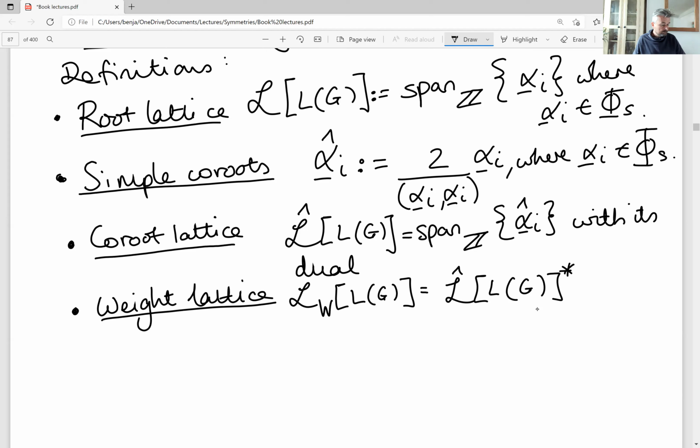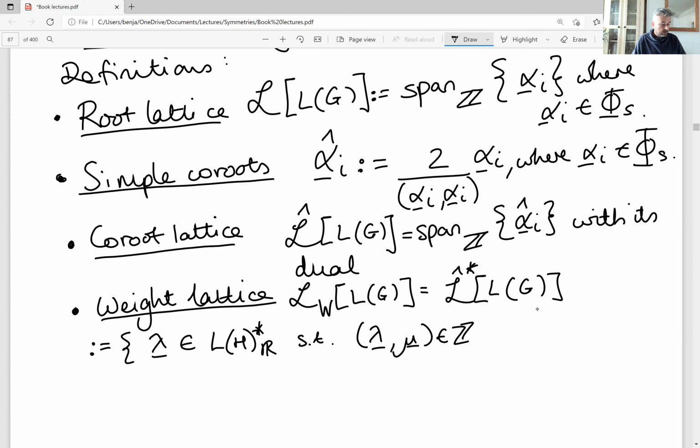I can write the asterisk actually there. So this is defined to be: we take lambda, well, lambda is a weight basically, so it's in the dual to the Cartan subalgebra, such that the inner product of lambda and mu is an integer for all mu in the co-root lattice.